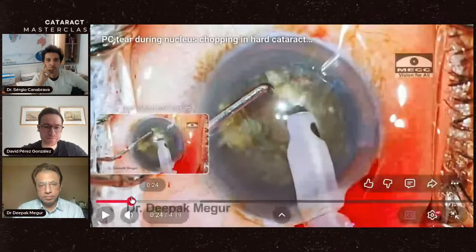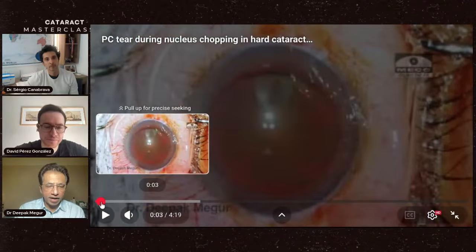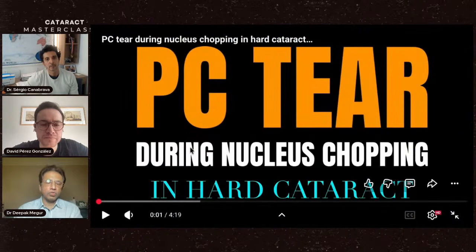So let's begin with what can go wrong when you are dealing with a hard cataract. What are the challenges we have for a hard cataract? All of us know that the corneal endothelium will take a hit.